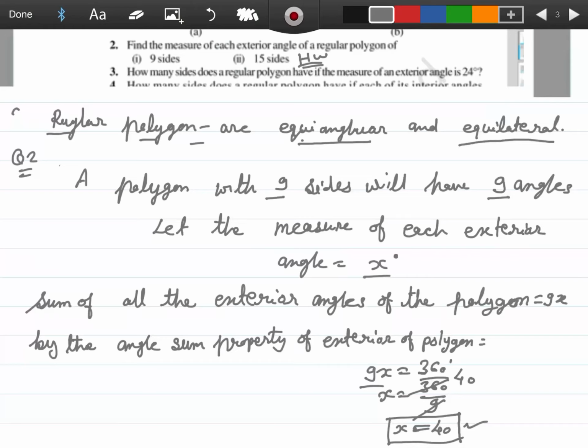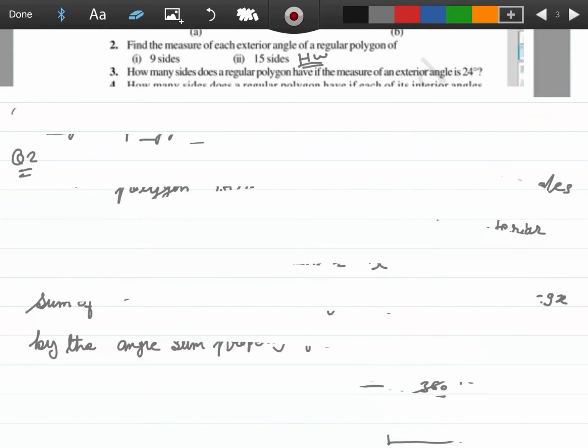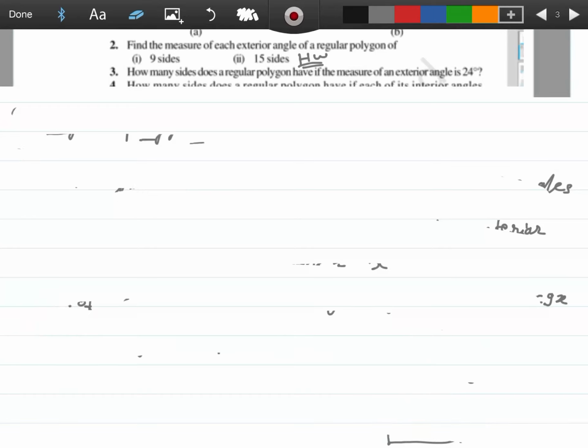Third question. How many sides does a regular polygon have if its measure of exterior angle is 24 degrees? So with the help of this, how many sides?